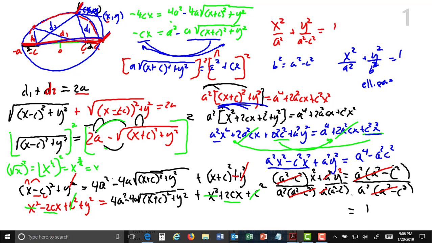That's the distance equation. And the other one, d2, is going to be x minus a minus c. See it? Let me clean that up a little bit. So it's x minus a minus c. Okay. And that's equal to a fixed distance, 2a.